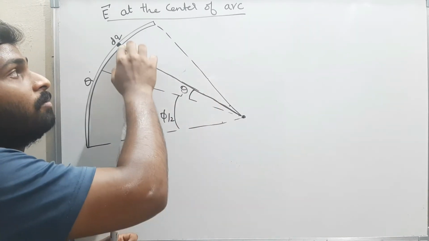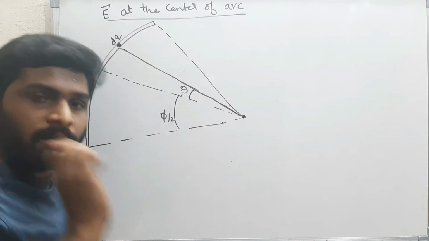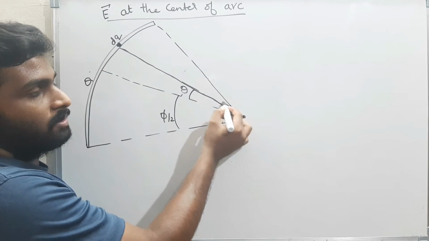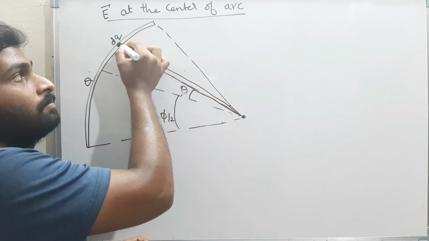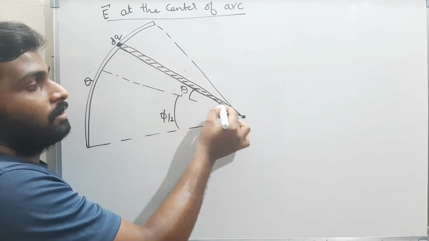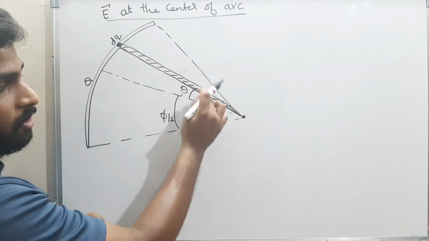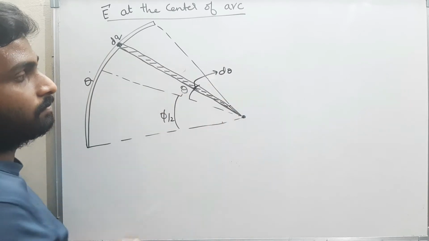Now this elementary component is a part of a small arc, making a small angle d theta. This is the small arc made by a small angle, and this angle is d theta.